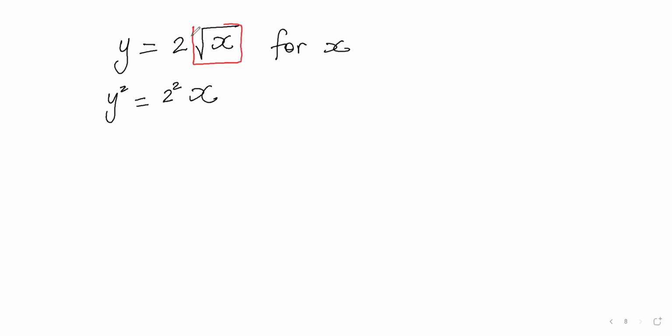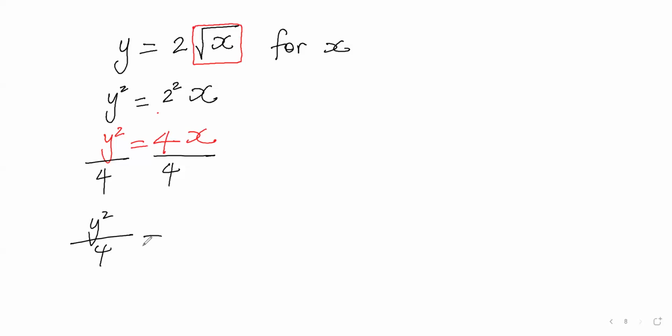Now if you squared this, you'll end up with X. But you have to square everything else. So Y squared is equal to 4X. All right? So we divide by 4 throughout. So Y squared over 4 is equal to X.